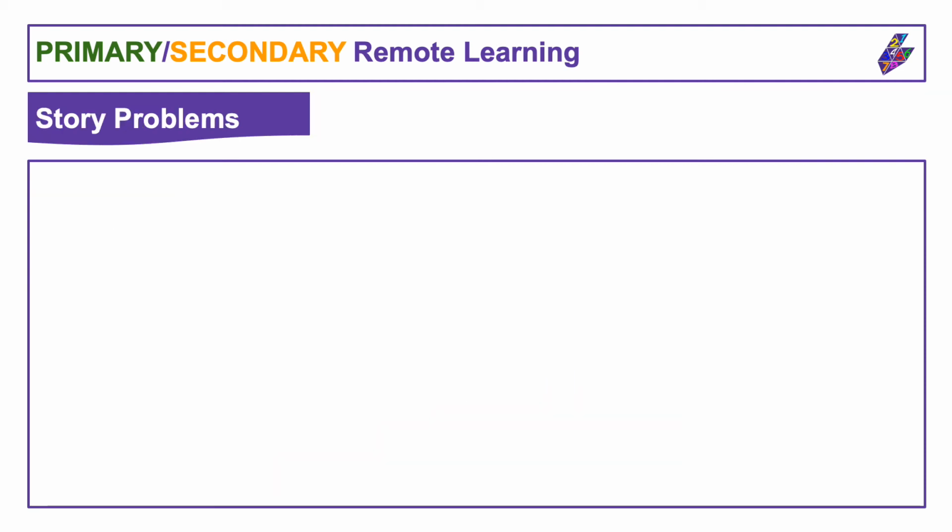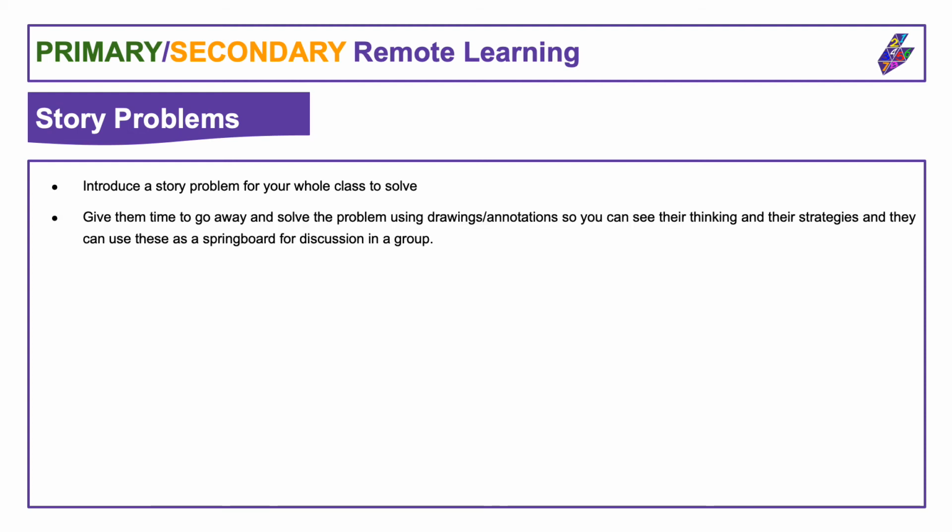So in terms of using the story problems, it could run like this. This is just an example. Again, it's not the only way, but you could introduce the story problem to your whole class. So everybody's solving the same problem, but you can differentiate them quite easily, although the actual structure of the problem is the same for everybody.